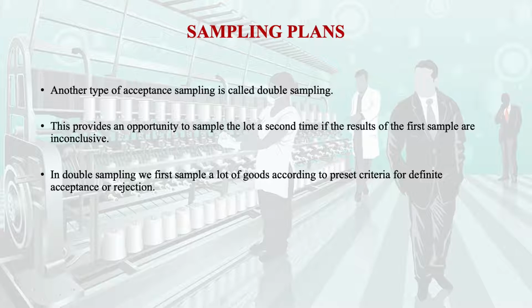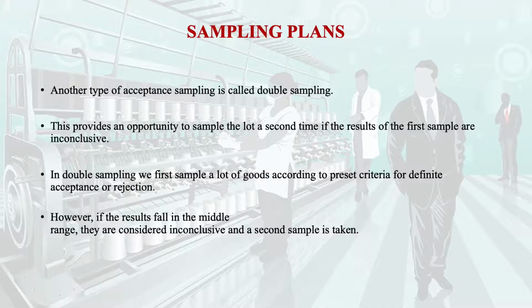In double sampling, we first sample a lot of goods according to the preset criteria for definite acceptance or rejection. Suppose the result of the first sample is inconclusive, that means the 10 samples which we have taken from the lot of 50, some are good, or 2 are bad or 2 are good. So we are not making any decision. That means the results are inconclusive.